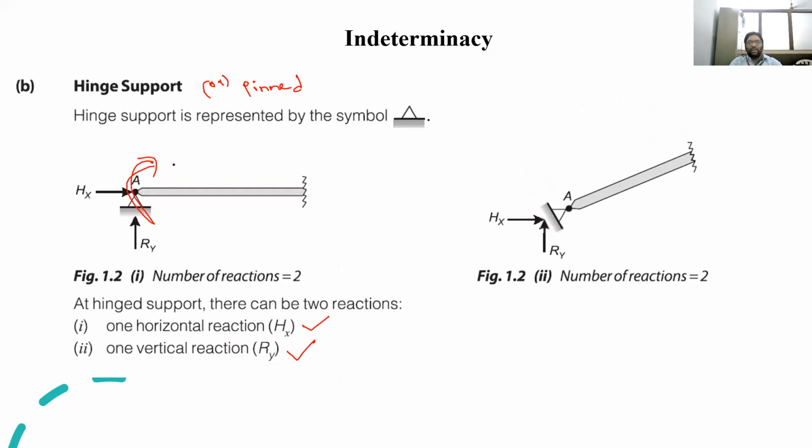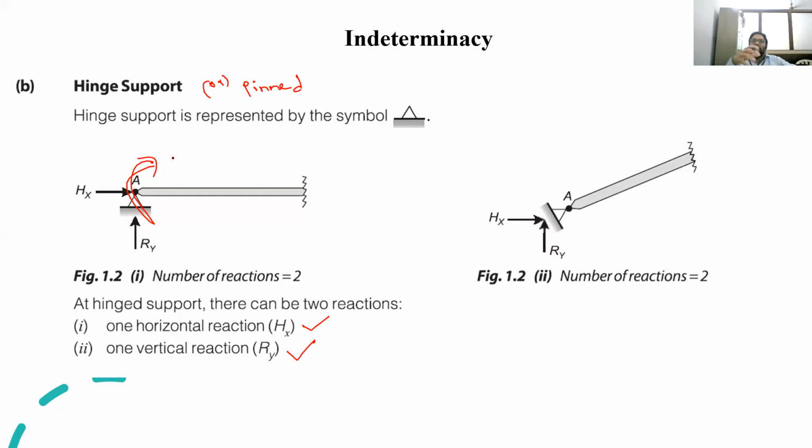Now, can somebody give a daily routine example of a pinned or hinge support? Every day, definitely at least once, correct. The example of a pinned support is the door. Whatever door we have, the edge connection is actually the example of a door hinge.